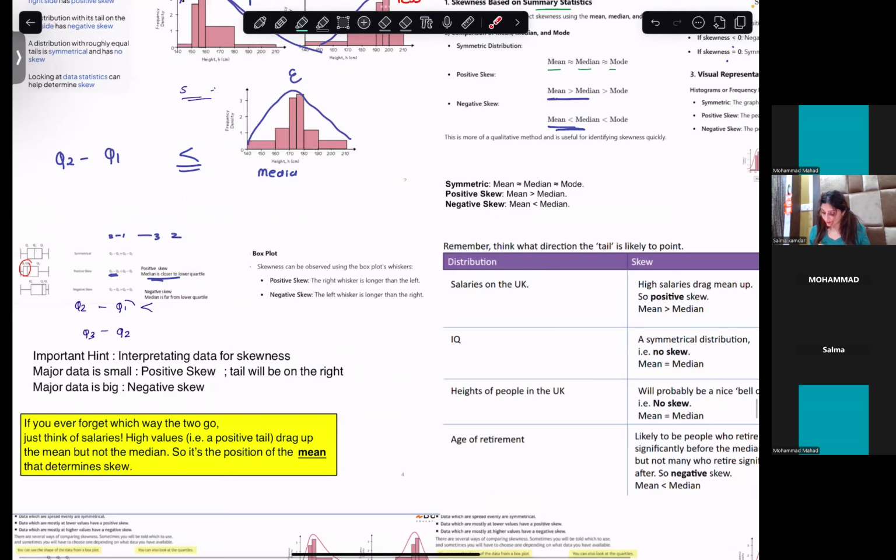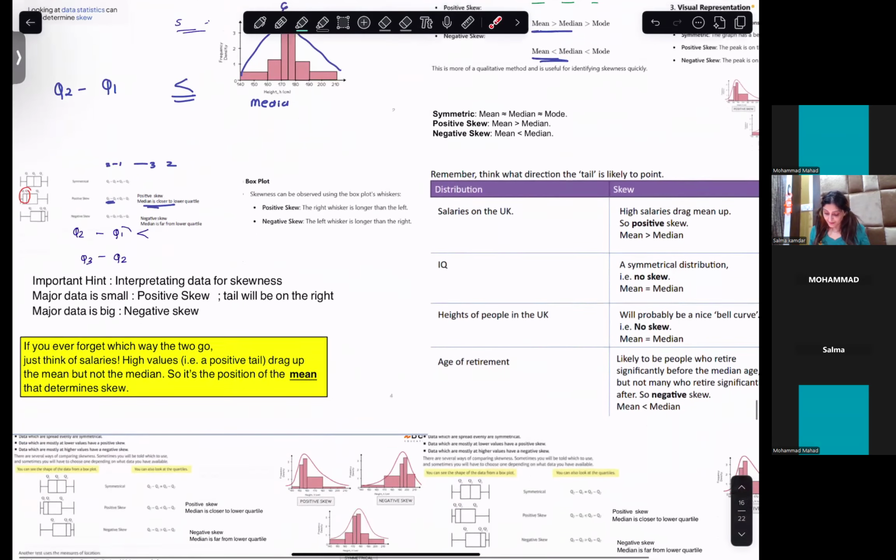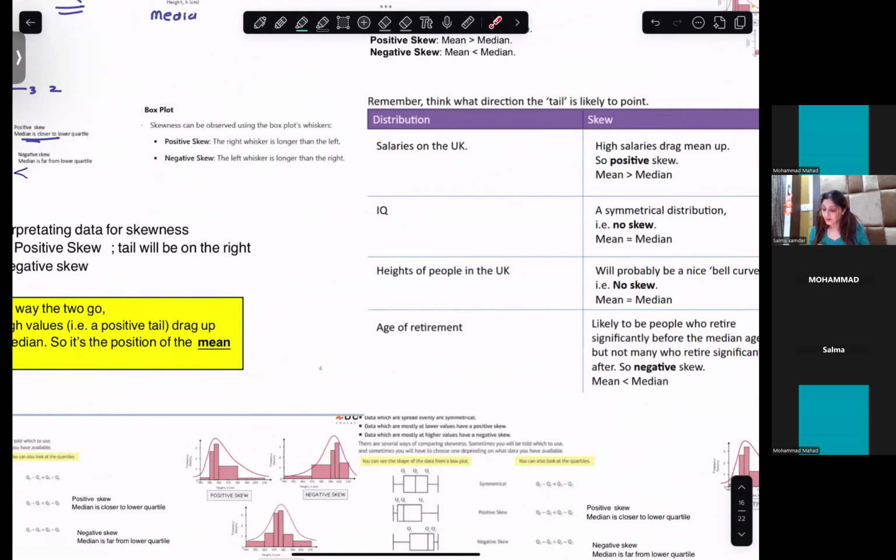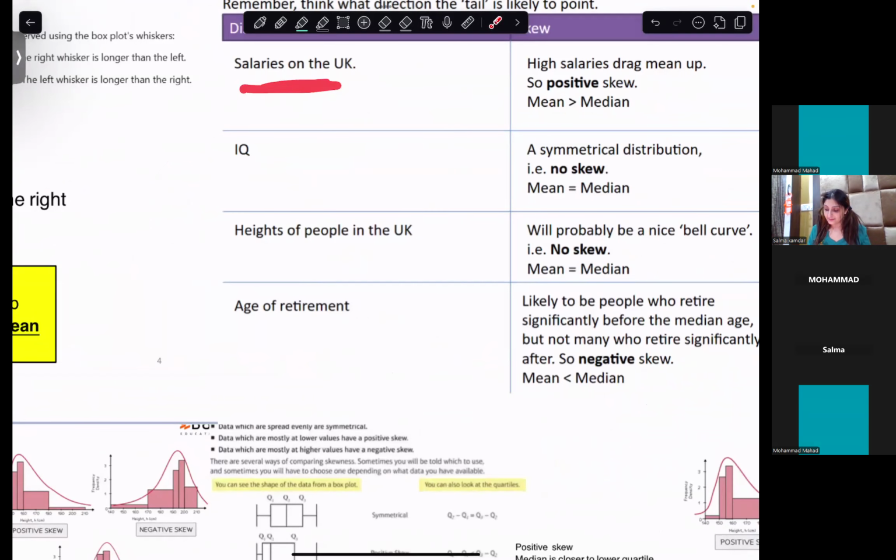Can you give examples of this, salaries in the UK? When the salaries are higher in the UK, the mean is going to increase.